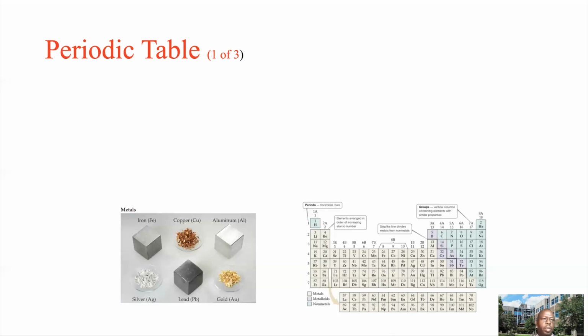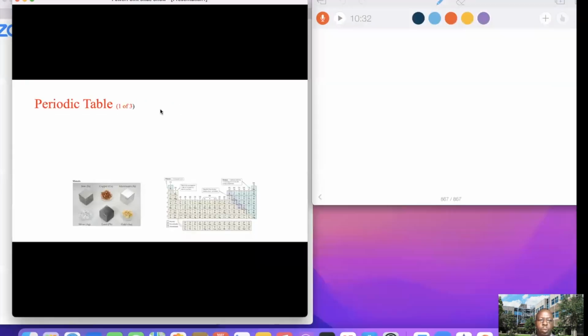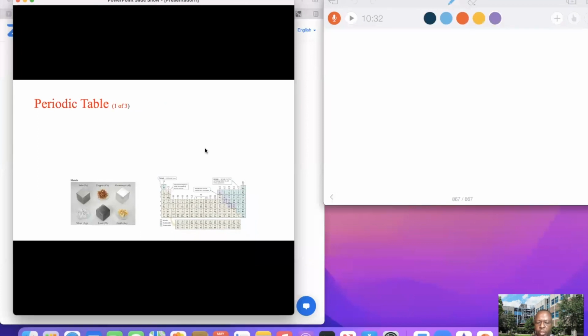All right, so let's go back to our site so that, apart from knowing the groups and periods, you should be able to break the periodic table into metals. When we say left side of the periodic table, you have to be careful with respect to this zigzag line: left side except hydrogen are metals.